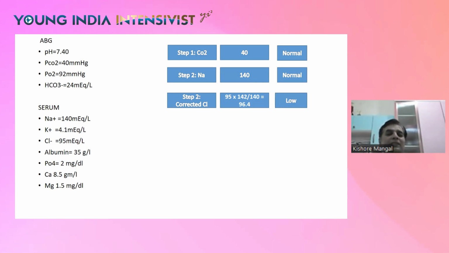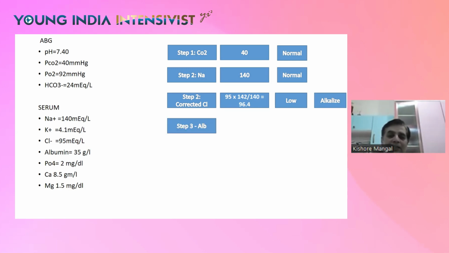95 here is on the lower side. Low chloride means there is some alkalizing effect of the low chloride. That means some alkalosis in the form of hypochloremic alkalosis is definitely there. Okay. Now, if some alkalosis is there and the patient's pH is normal, that means something else is also going on which is causing acidosis. Let's see whether Stewart's approach is able to find it out.